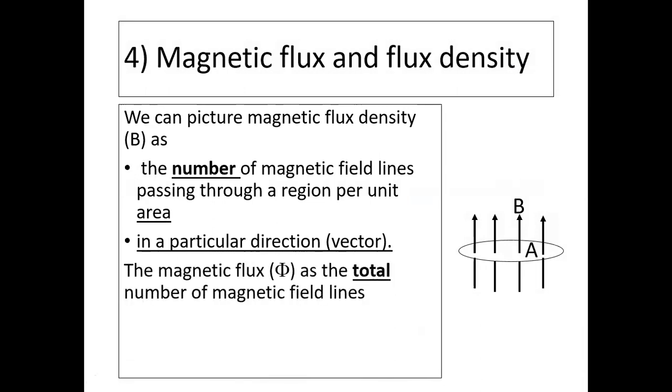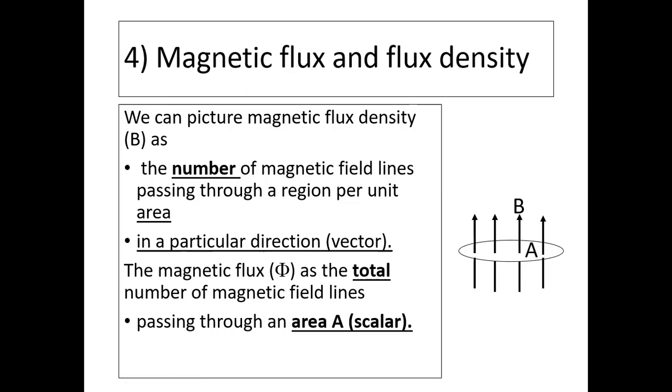Magnetic flux is the total number of lines passing through the area A. It's a scalar quantity. That's the difference between the two. One is the number of lines passing per unit area, that's your B. Flux is the total number of lines passing through that particular area.